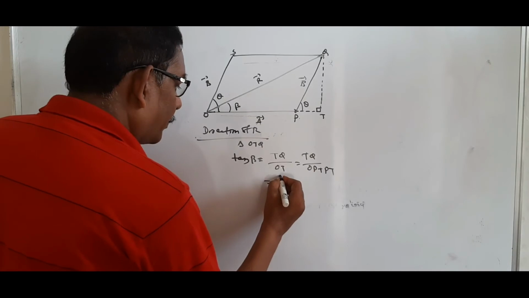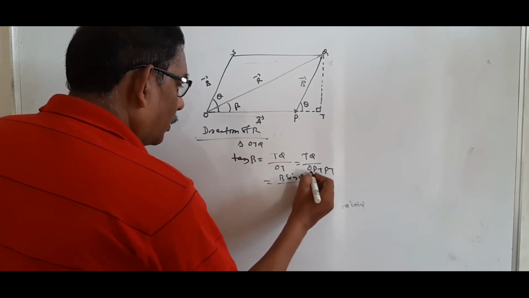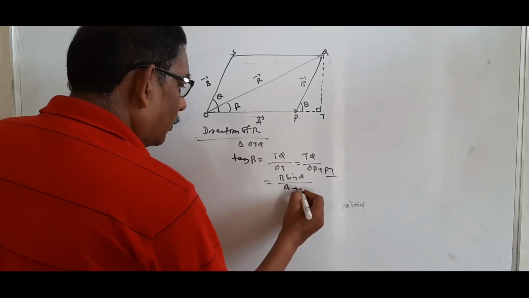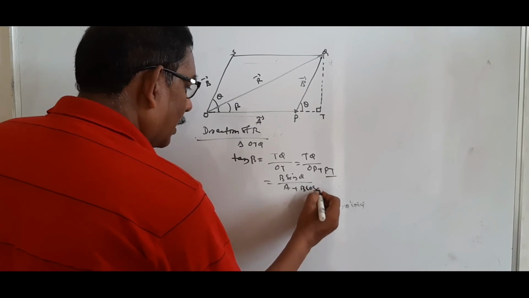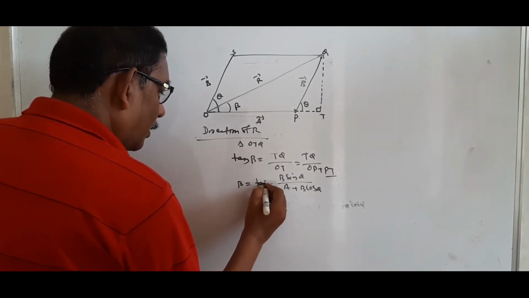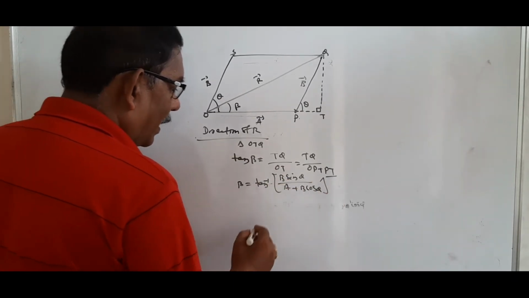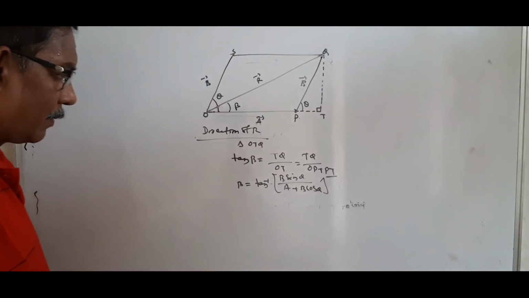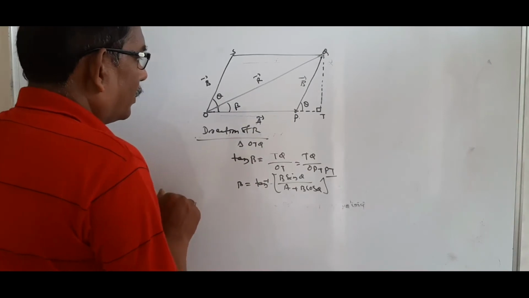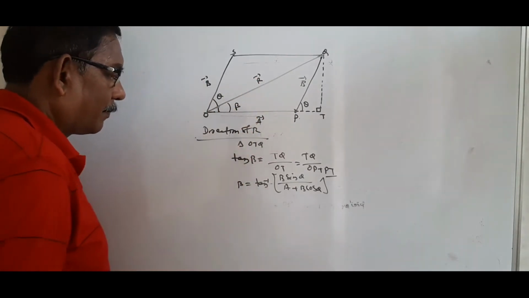TQ is equal to B sin theta, OP is equal to A, PT is equal to B cos theta, and beta equals tan inverse of B sin theta by A plus B cos theta. In this way, find out the direction of R, because R makes an angle beta with vector A.